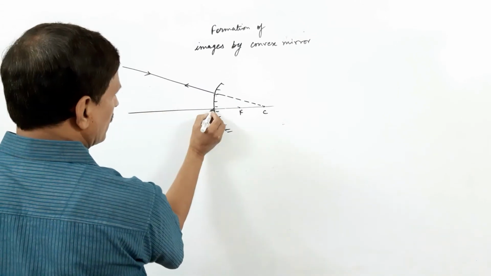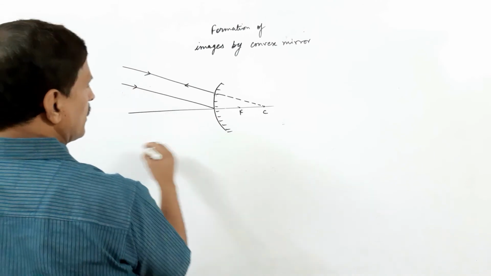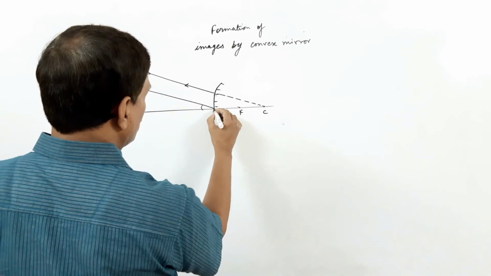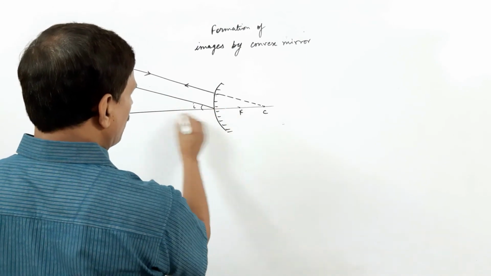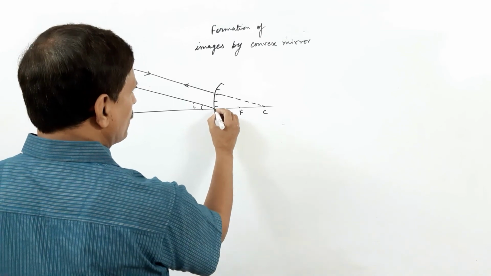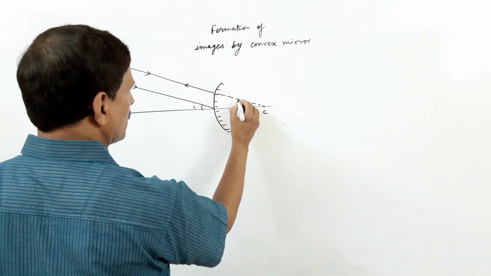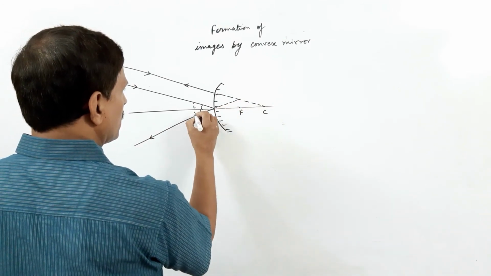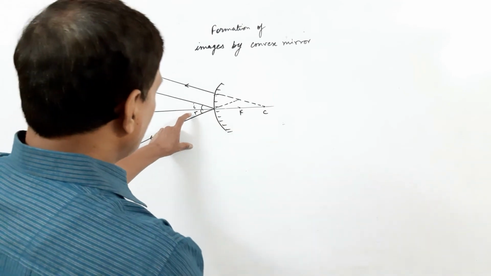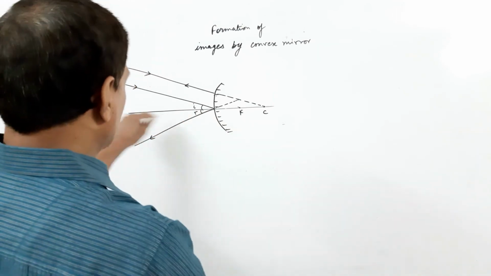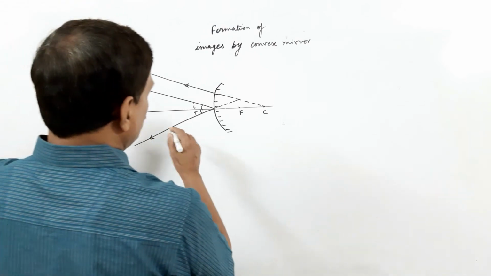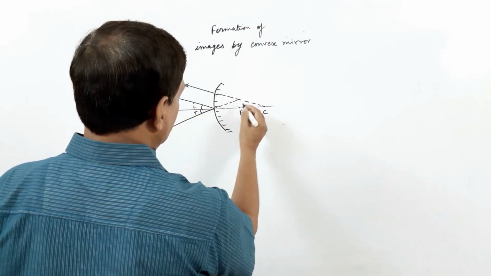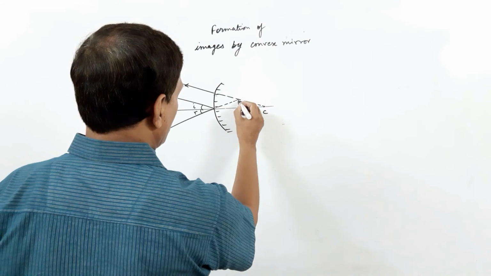Second ray incident at the pole at an angle I with the normal, the principal axis. After reflection, it forms angle R with the principal axis. When these reflected rays are produced backwards, they meet at a point at focus.